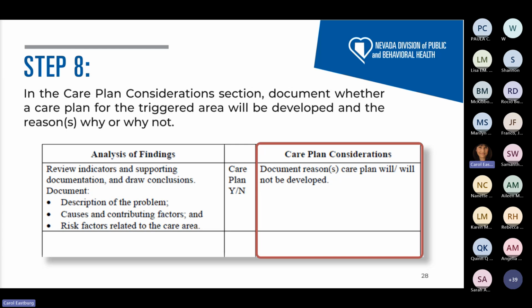If the area was triggered and no care plan is necessary for this area, indicate no in the middle column and document the reason in the designated area in the care plan consideration area on the right side.